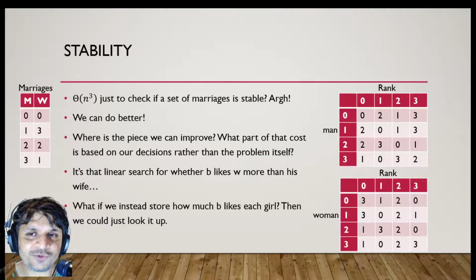Well, I just want to know if man naught, for instance, likes woman 1 more than he likes woman 3, right? And I had to do a linear search to find out. But what if I instead stored the rankings of the women, so that now I could just look up the ranking instead of having to linear search for it? If you didn't fully understand that, don't worry, I'm going to go into a lot more detail about that.